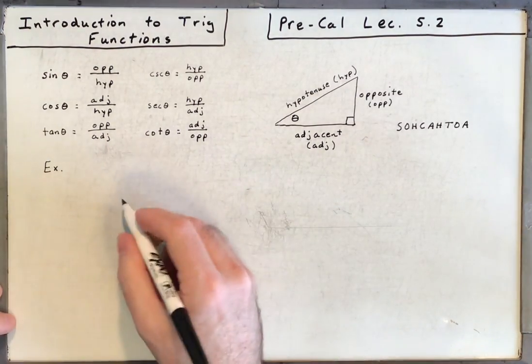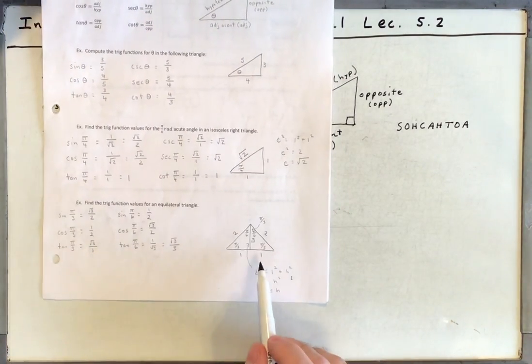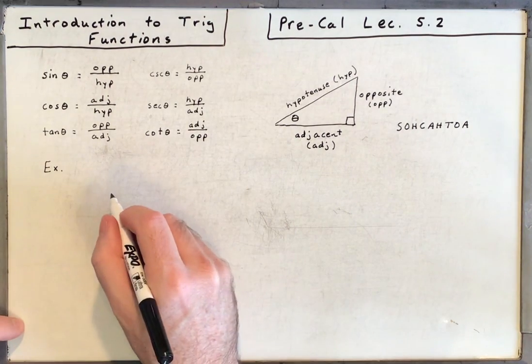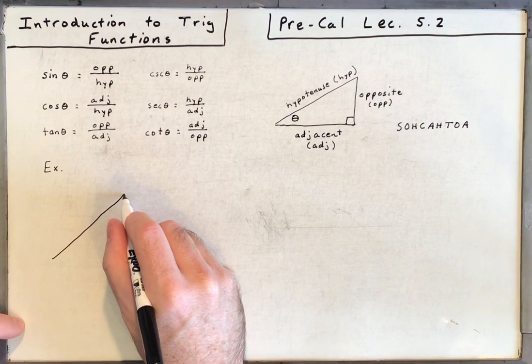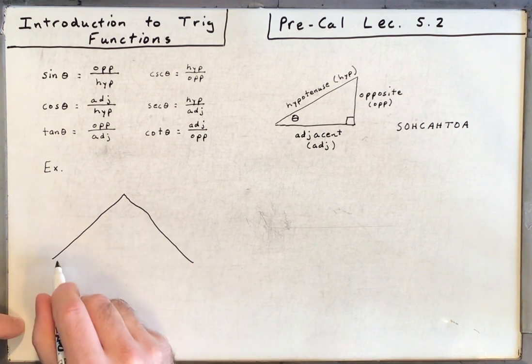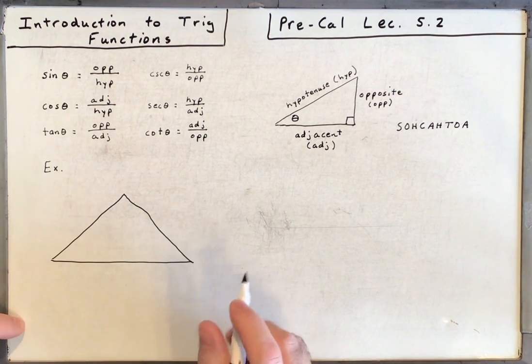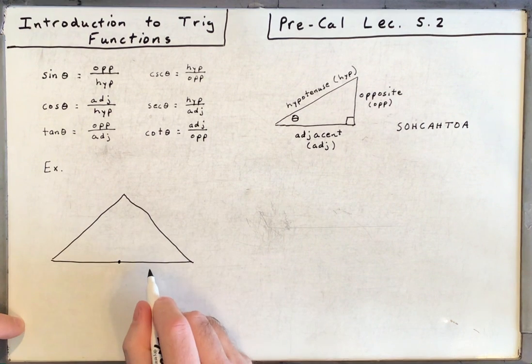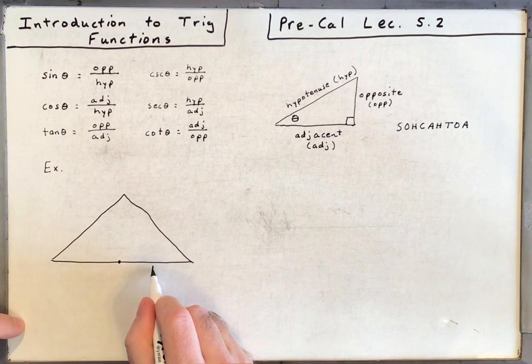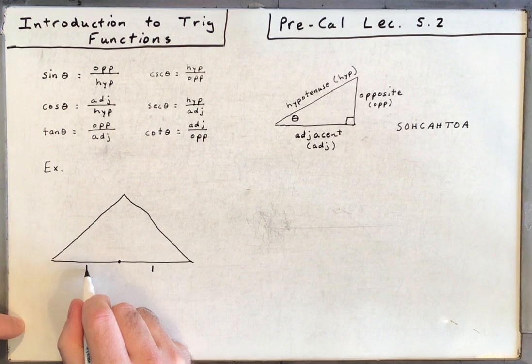All right, so on this one, we're at the example on the bottom of page 1 of your notes. We're going to draw an equilateral triangle. I'm going to draw it kind of big here. If this is the center of our unit circle, right there, then I'm going to give the length on each side a 1.